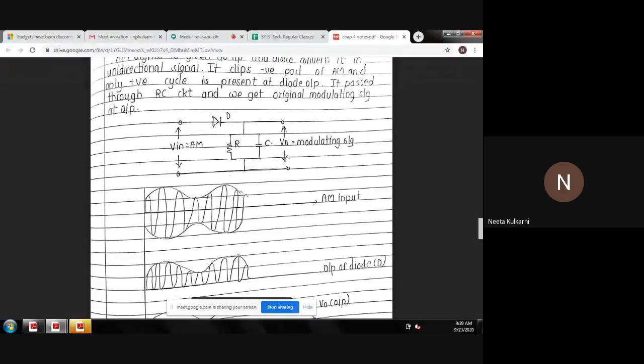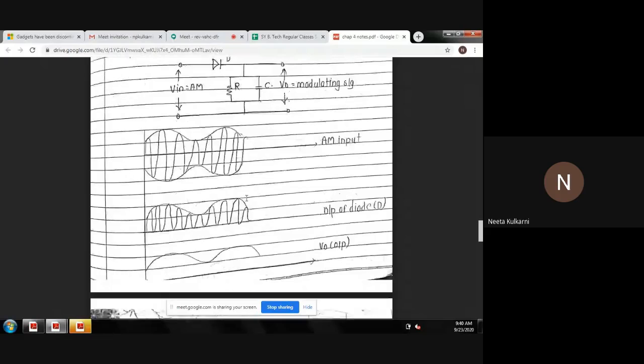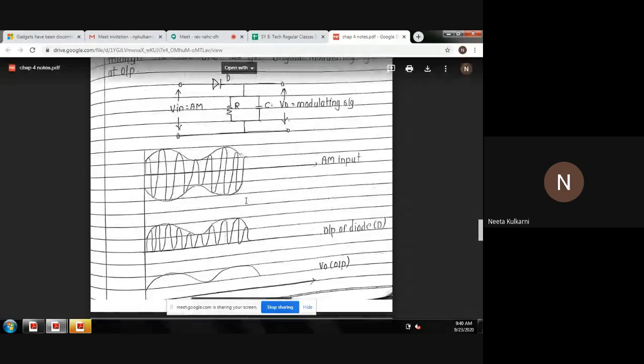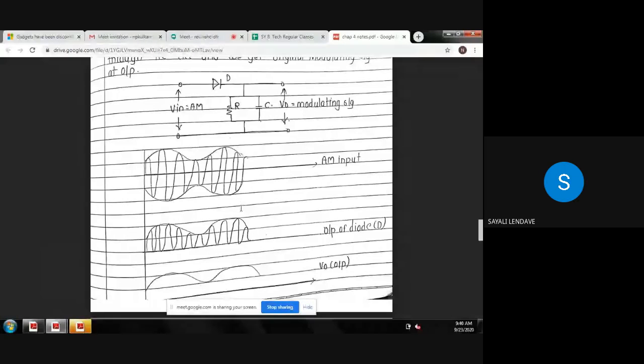And it remains only the positive half cycle at the upper side. Then this output is given to this low pass filter, that is RC filter. So that output is given to this RC combination filter. It is formed with the help of this R and C. And then which type of filter it is used here? Low pass filter or high pass filter? आता modulating signal Low pass filter.